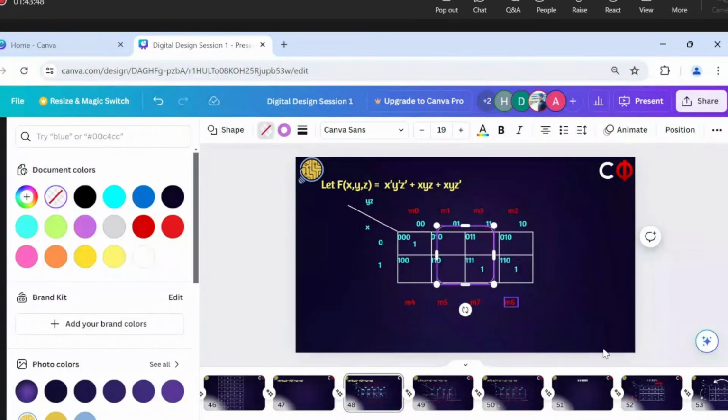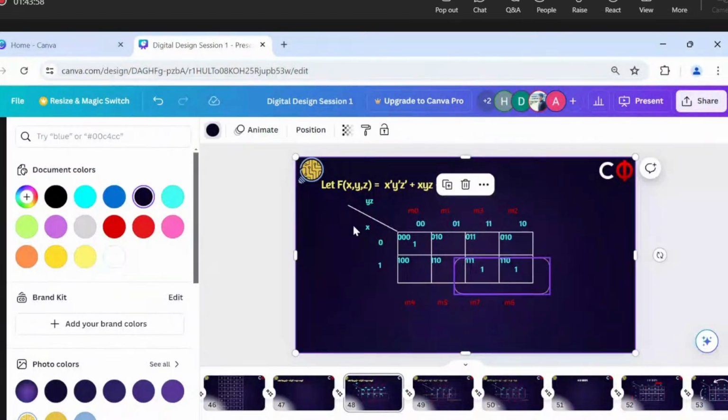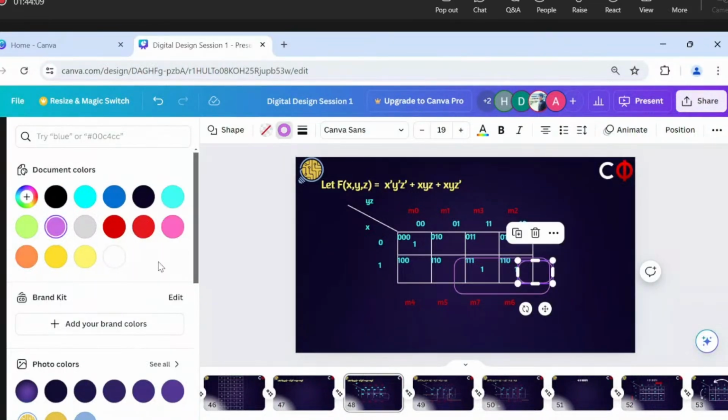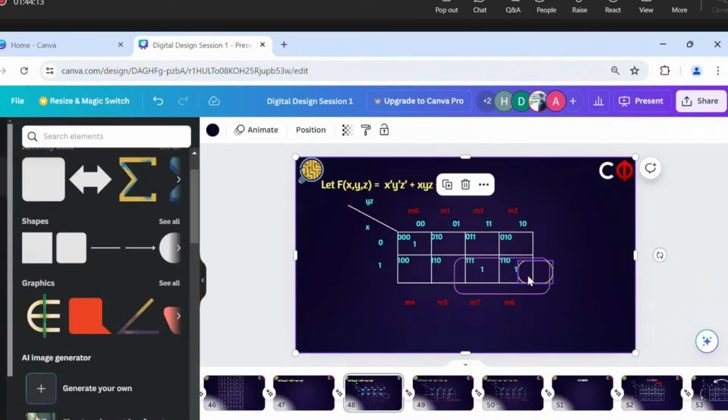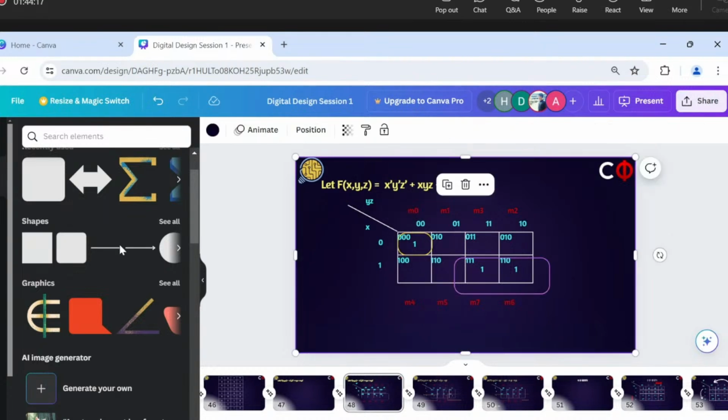So this is going to be grouping number 1. And there is another grouping which has to be done, which is going to be this one over here. So I'll just make this kind of smaller. Change the color so that you guys will be able to differentiate. I'll make that say yellow and I will put it over here. So these are the two things which are possible over here.